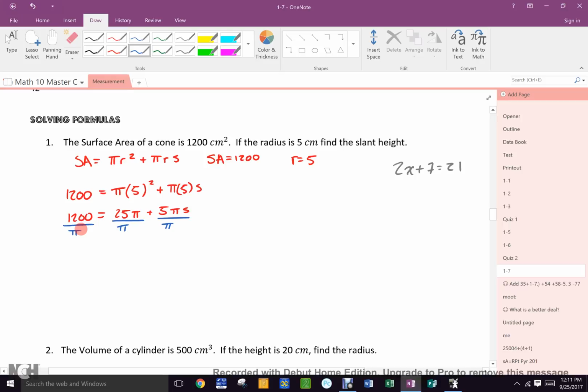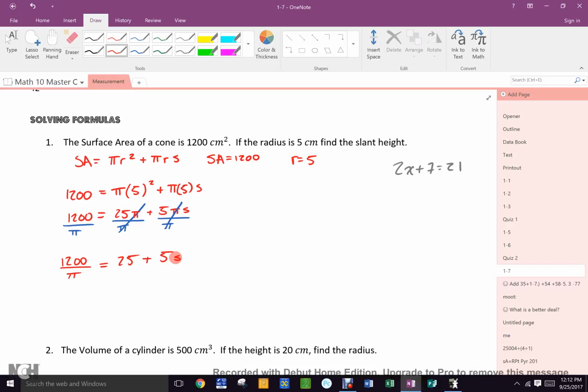Does everyone agree? So what's going to happen to these pi's? Gone, gone. And I'm going to rewrite. 1,200 divided by pi equals 25 plus 5s. Does everyone agree? Is everyone okay with that? Okay.